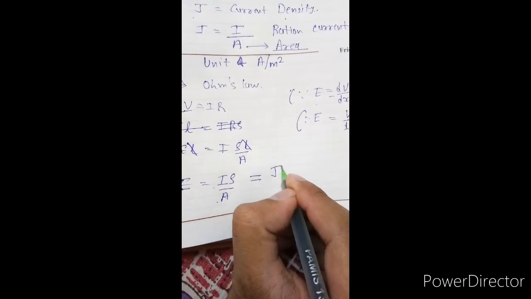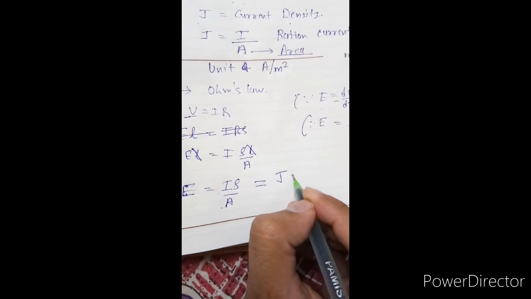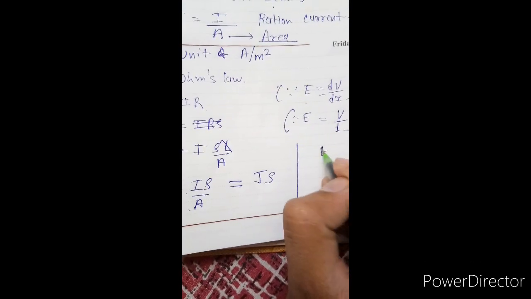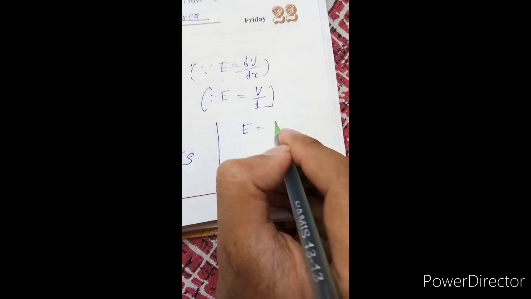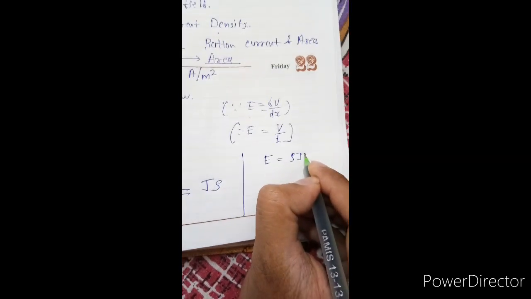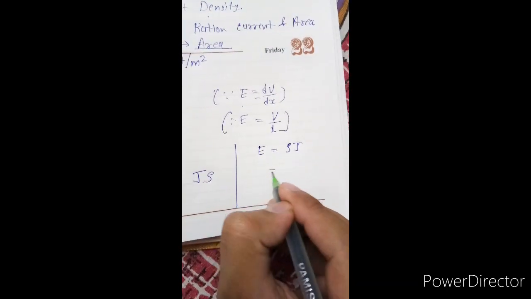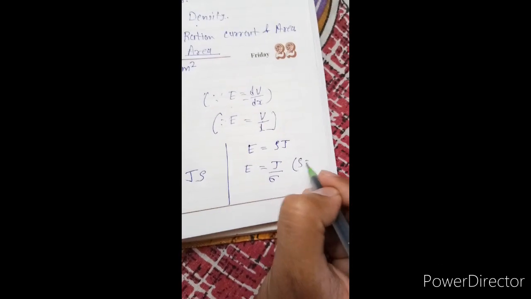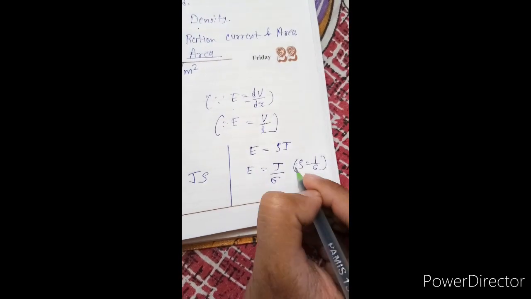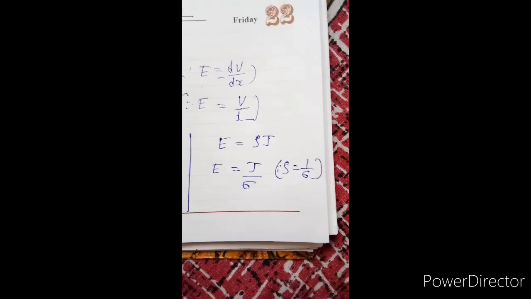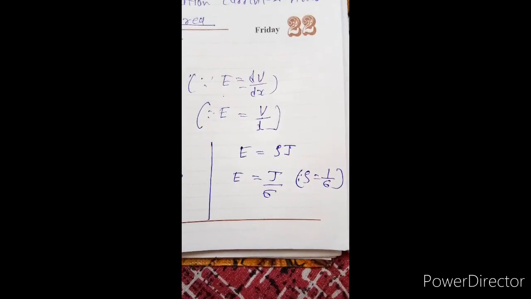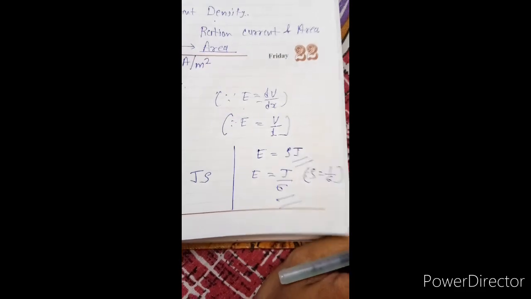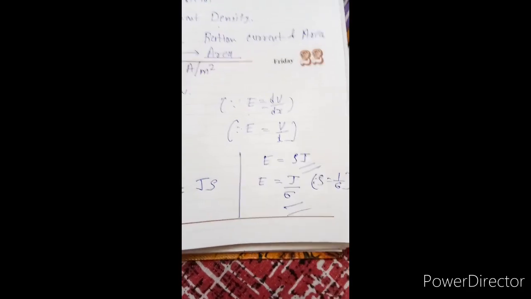It is nothing but the current density J. So now you will get the relation between E and J, which is E is equal to rho into J, or you can also write E is equal to J upon sigma, because resistivity is the reciprocal of conductivity, or conductivity is the reciprocal of resistivity. So you will get these two relations between E and J: E is equal to rho into J, or E is equal to J upon sigma.